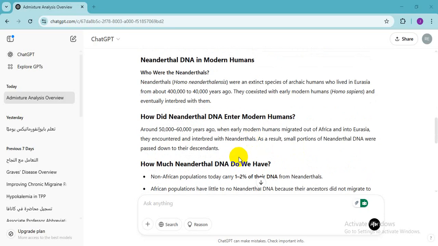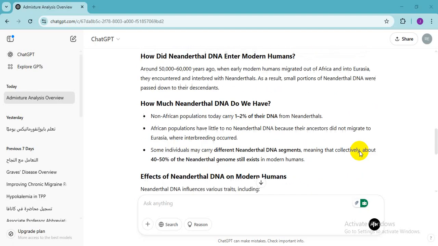There's a theory of how Neanderthal DNA entered modern humans. Around this time, early modern humans migrated out of Africa into Eurasia. They encountered and interbred with Neanderthals. As a result, a small portion of Neanderthal DNA was passed down to their descendants.